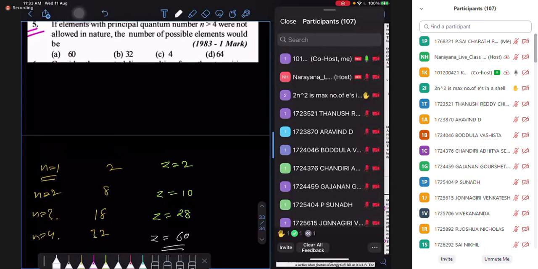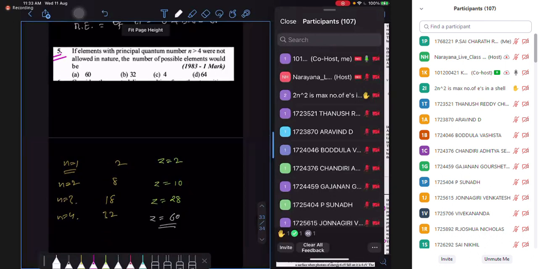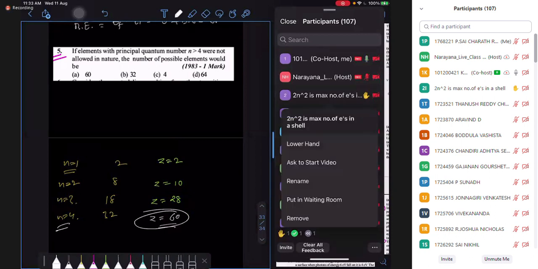So the maximum number of Z possible with n equal to 4 is 60. You're right, that is the formula: the number of electrons in a shell is 2n squared.